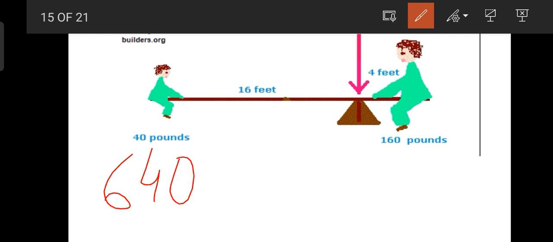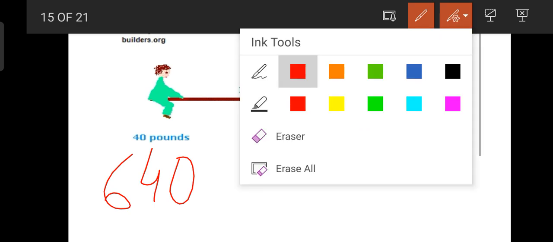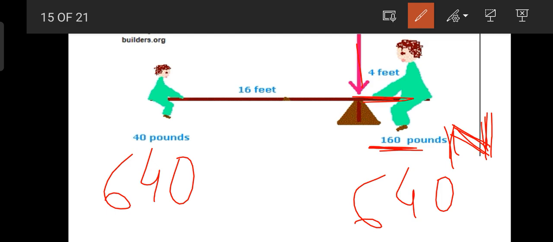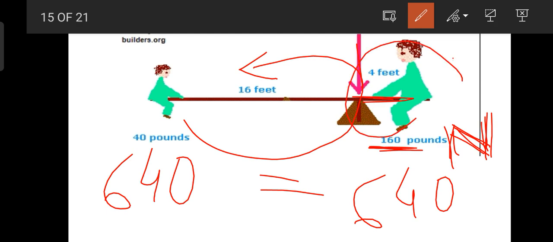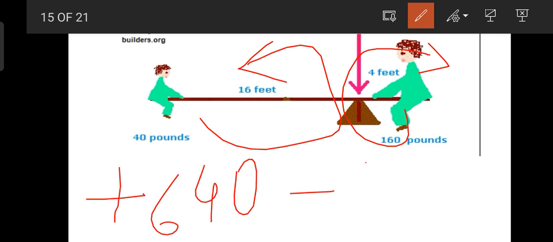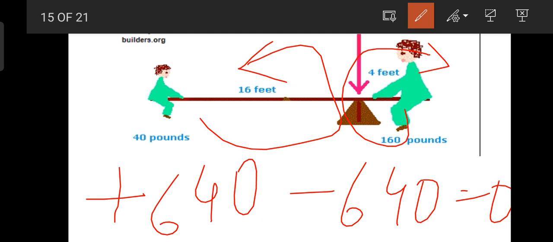And here the distance is 4, but the force is 160 Newton, so it will also be 640. This is anti-clockwise, this is clockwise, so it will be plus 640 and minus 640, equal to 0, meaning they are in equilibrium.